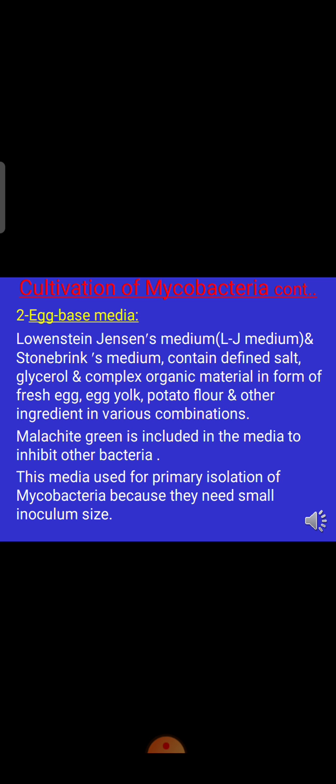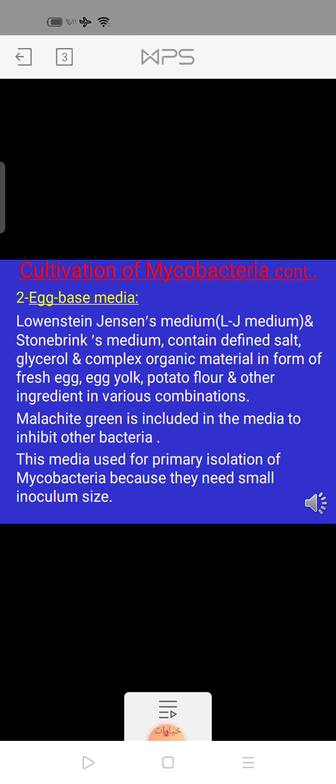The second type of culture media used for cultivation of mycobacteria is the egg-based media. Examples of the egg-based media are the Lowenstein-Jensen medium, LJ medium, and Petragnani's medium. These media contain defined salt, glycerol, and complex organic material in the form of fresh egg, egg yolk, potato flour, and other ingredients in various combinations.